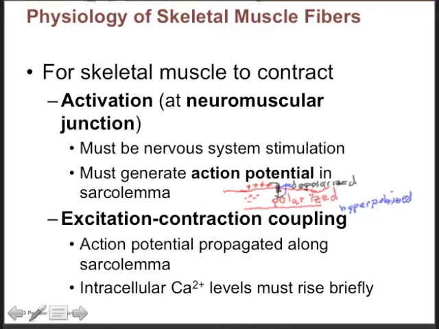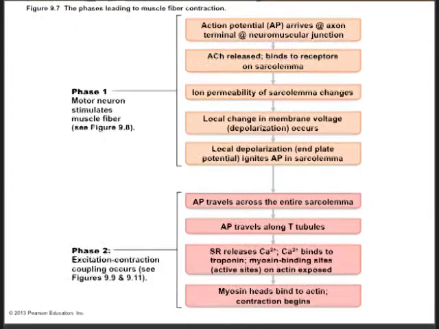Okay? And the only reason this can happen is because of the location and the density of the pumps and the channels all along this region of the cell. Okay, that's what allows this to occur.